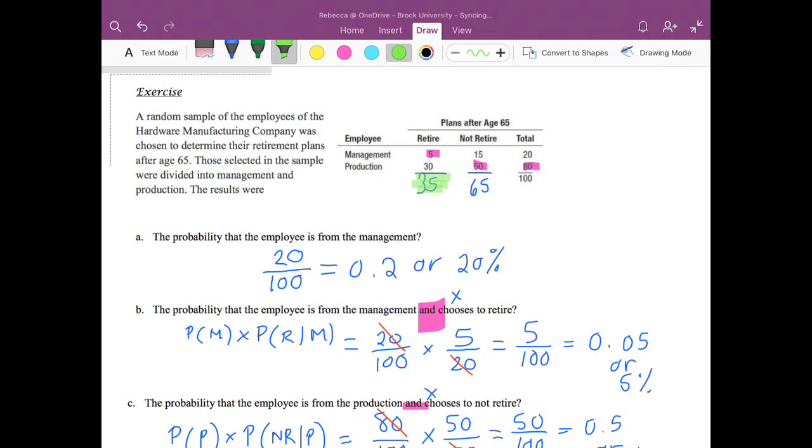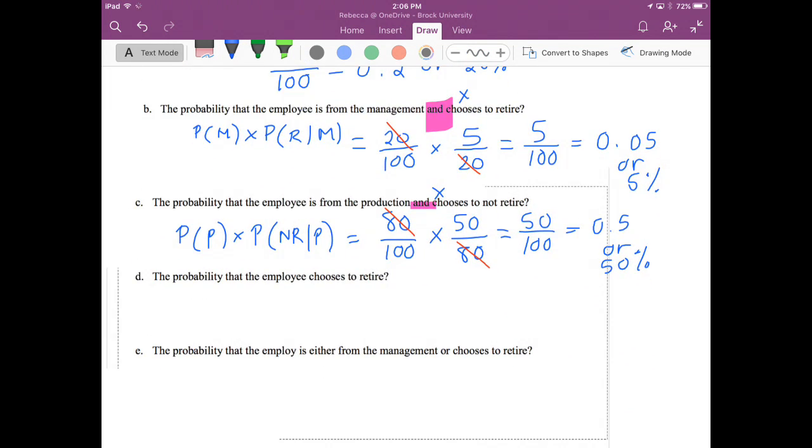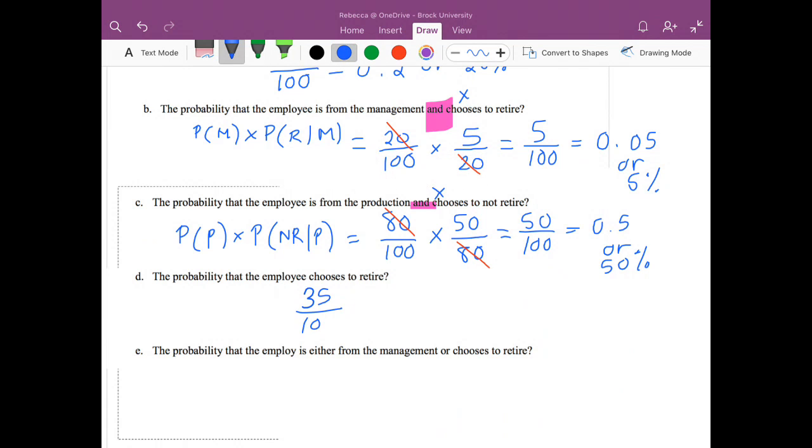So there's 35 employees, regardless of whether they're from management or production, that said they're going to choose to retire out of the 100 employees. So 35 employees out of 100 are going to choose to retire, which is 0.35 or 35%. Okay, let's look at this last one.